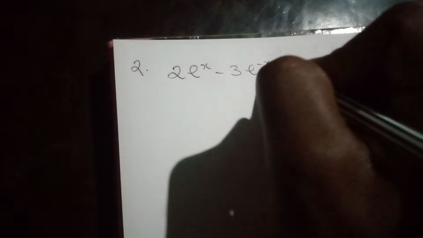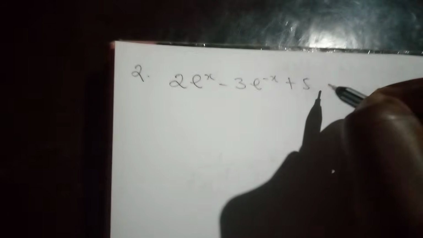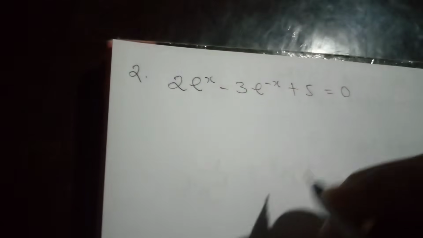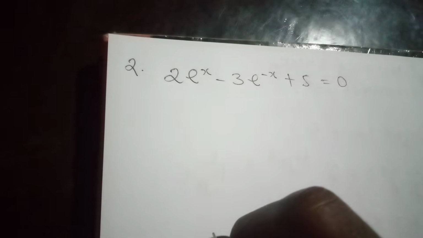So we are having 2e to the x minus 3e to the negative x plus 5 is equal to 0. So you have to be very careful.